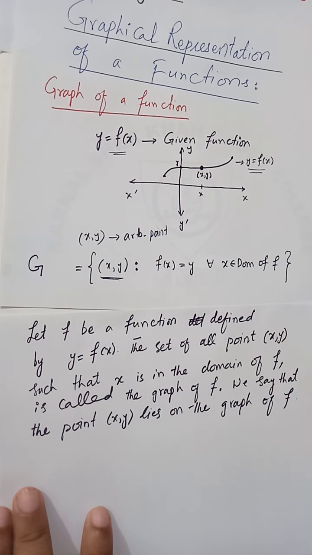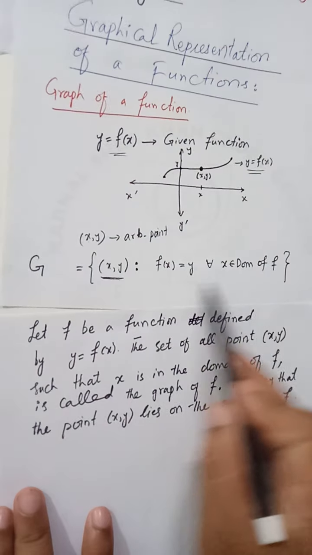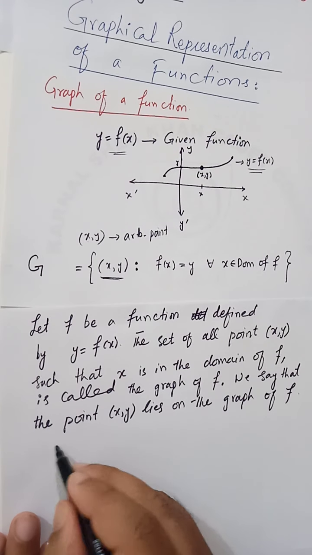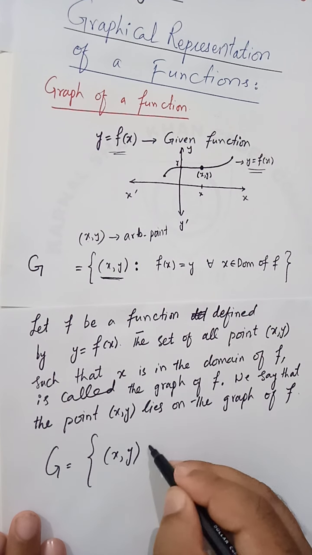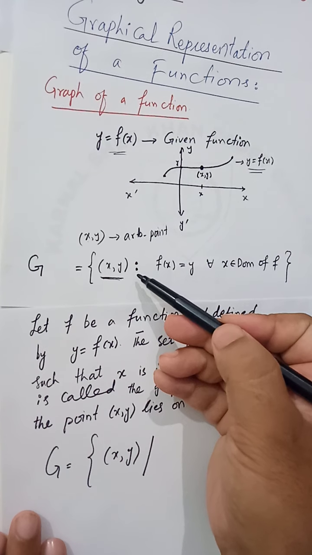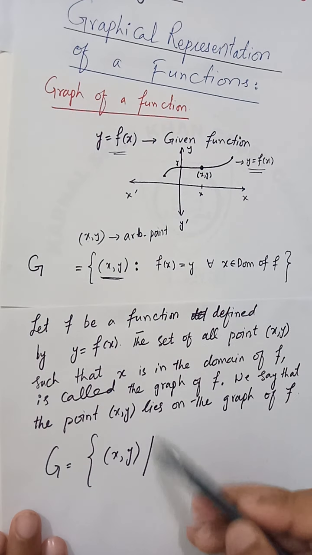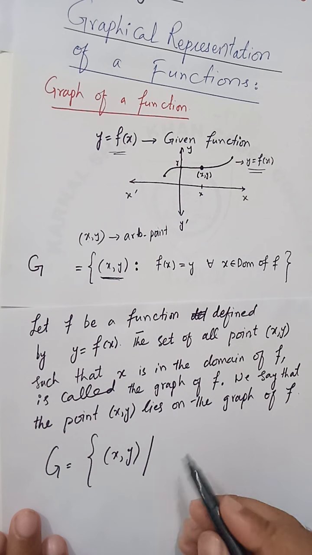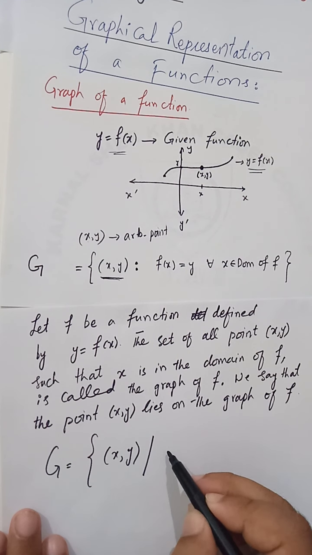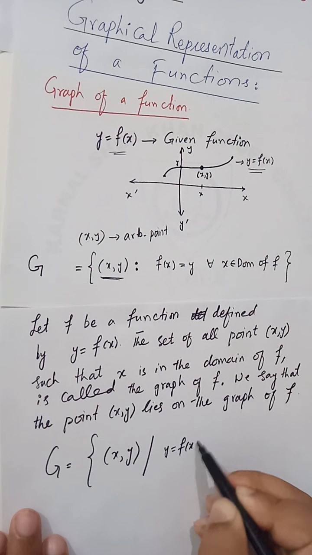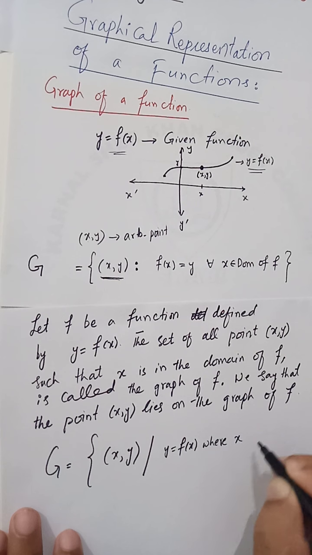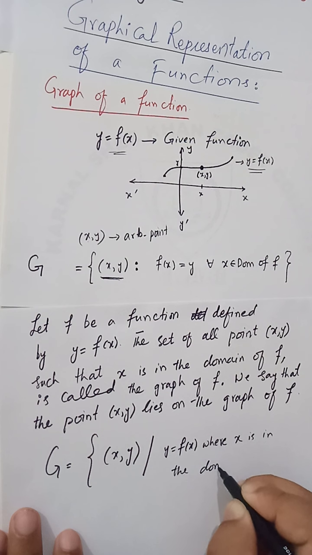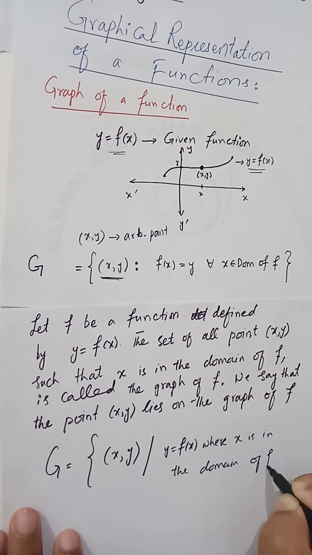Then this will be the definition in set-builder notation, or in other words G is equal to the ordered pairs xy such that y is equal to f of x, where x is in the domain of f.